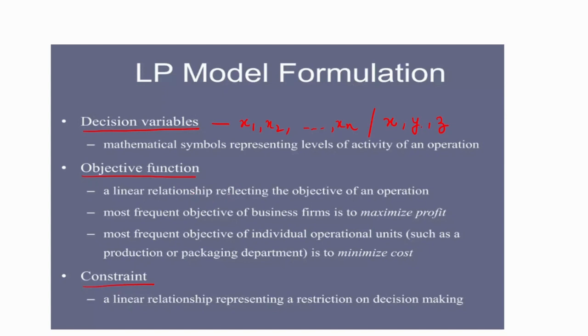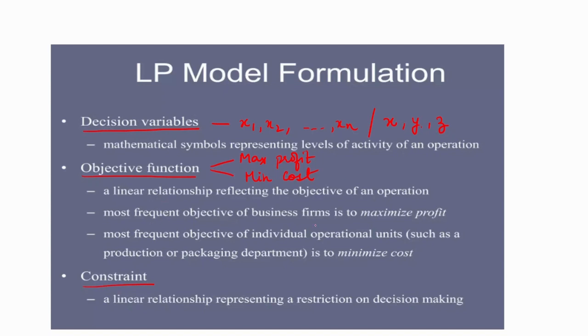Objective function: it could be maximizing your profit, or it could be minimizing your cost. It could be any cost: production cost, shipping cost, transportation cost. The objective function is always a linear relationship, which means it is of degree 1.